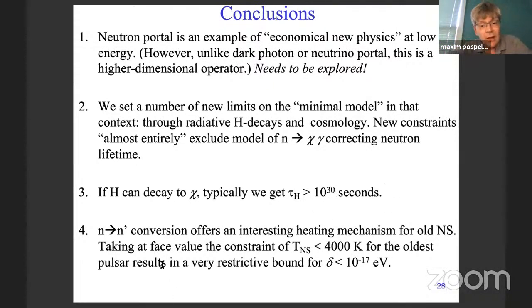Now, I would also say that n to n prime conversion offers an interesting heating mechanism for old neutron stars, and taking the existing astrophysical bounds at face value brings the constraints very close to what can be achieved in the lab, actually.